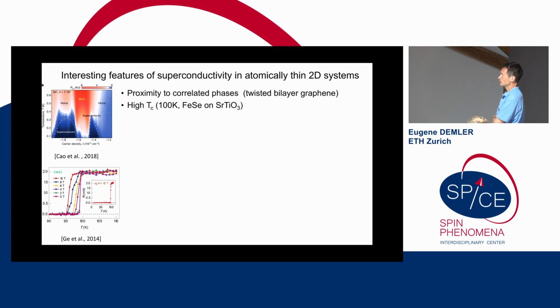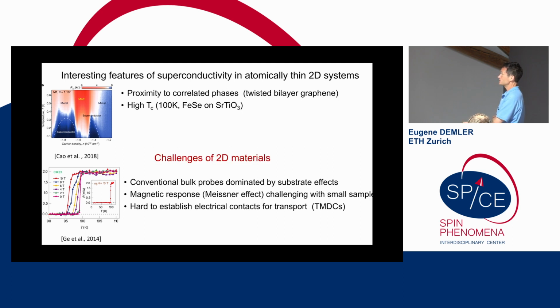Is the superconductivity driven by magnetic fluctuations or phonons? And sometimes just by making a two-dimensional superconductor, such as in the case of iron selenide, one can dramatically increase Tc. However, these materials come with a lot of challenges.